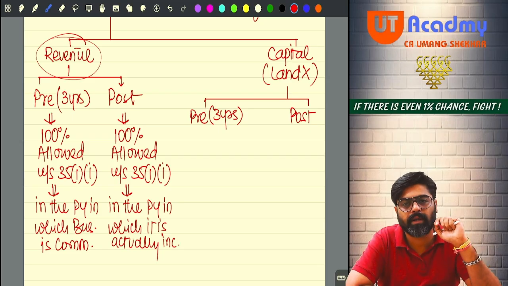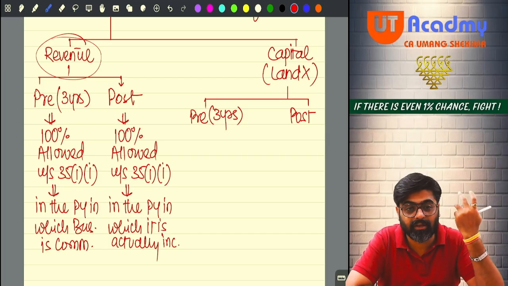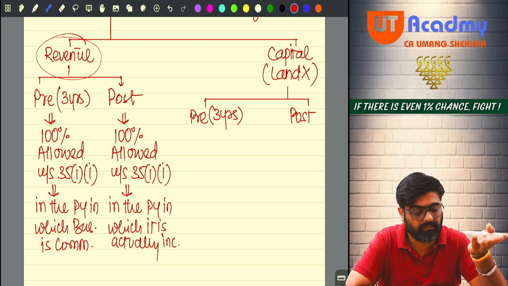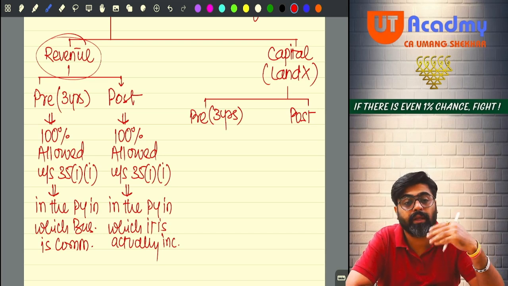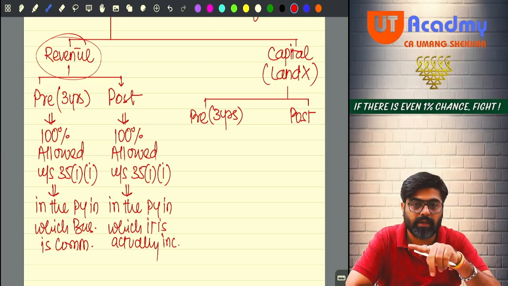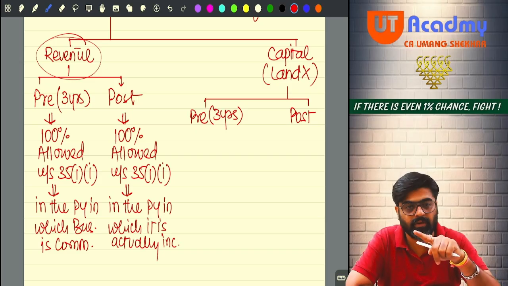Revenue means frequently happening on a regular basis. For example, cost of research materials, salary to research staff. There will be a lab where the research will be conducted, so the running expenses of that lab also. There are many expenses which might happen while you are doing the research, but if those expenses are happening on a regular basis, then they are revenue expenditure, and they are fully allowed.